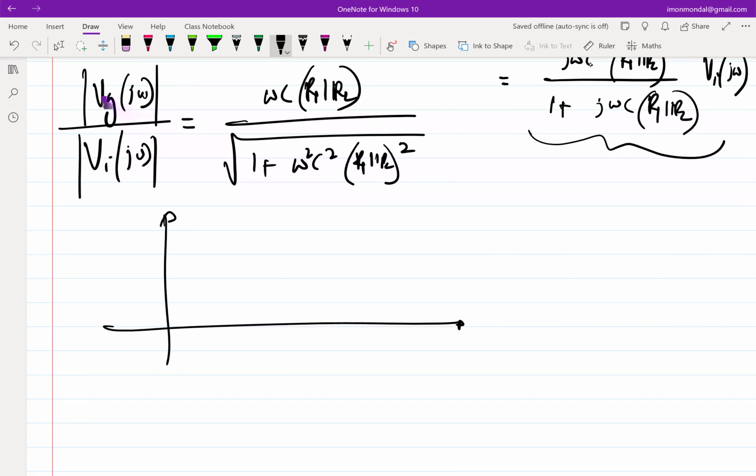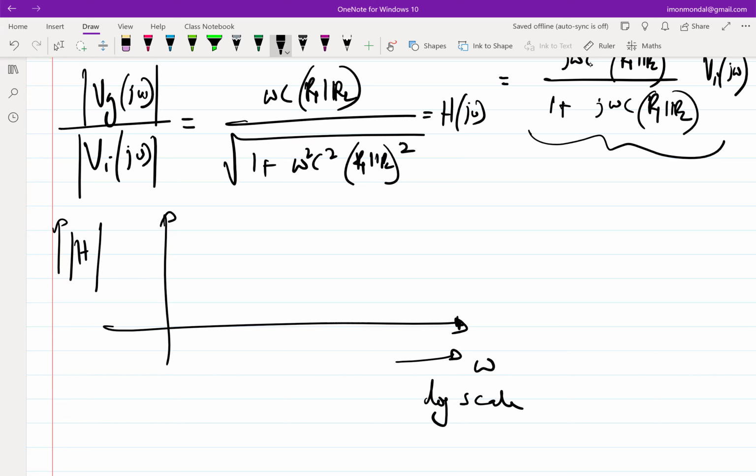Are you familiar with dB? I'll be plotting omega in log scale. Let me call this H. We're plotting the magnitude of H in log scale, so this side is also in log scale.